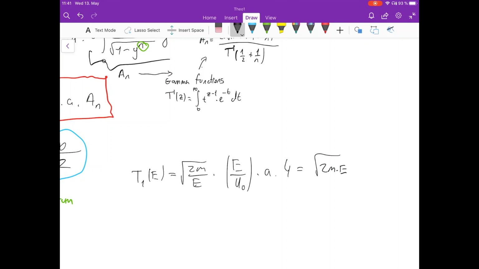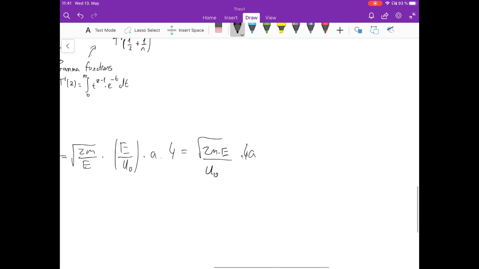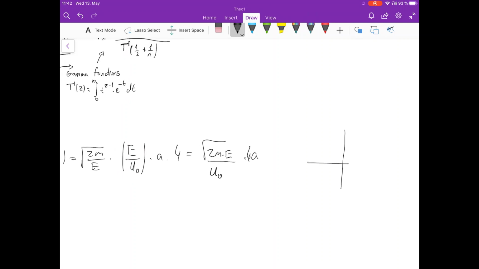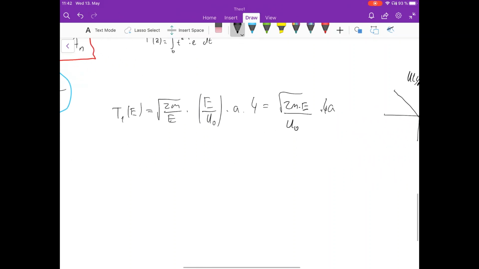So this is going to be the square root of 2m times E divided by U_0, U_0 is not in the square root, times 4a. Cool. So let me draw this. So this is the period for n equals 1, and as you can see, this is triangular, so it's also known as triangular potential.